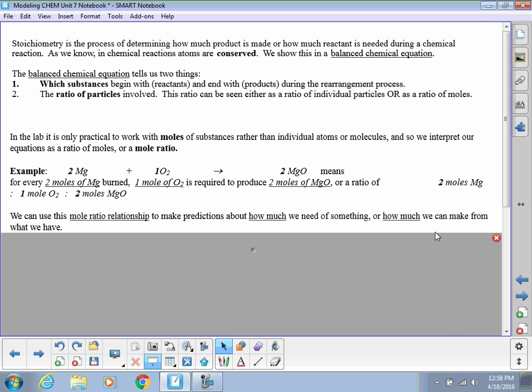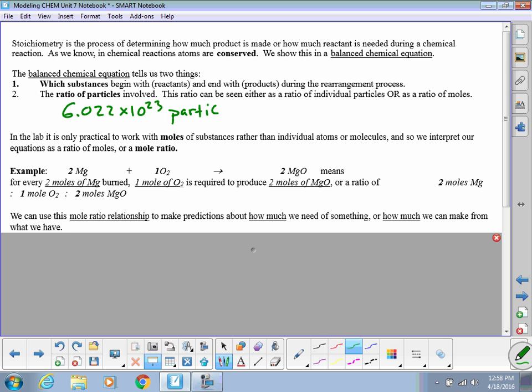Remember back in the CPM unit that there are 6.022 times 10 to the 23rd particles in 1 mole of a substance.